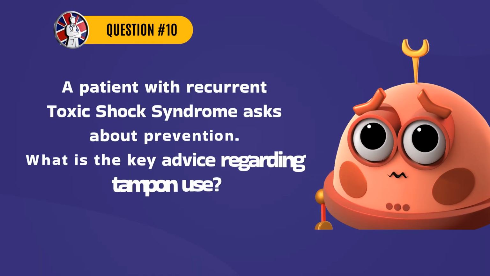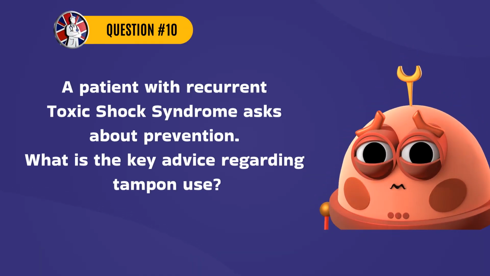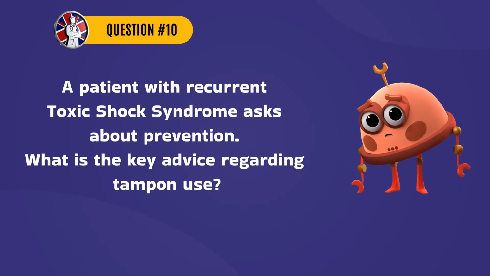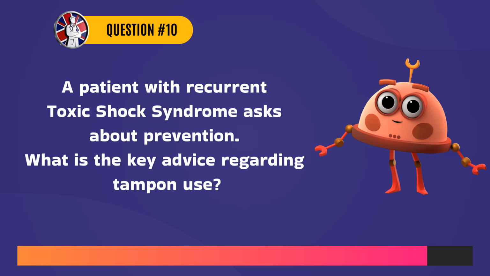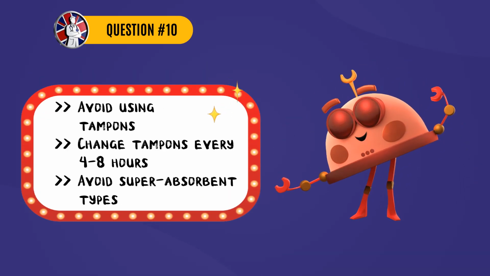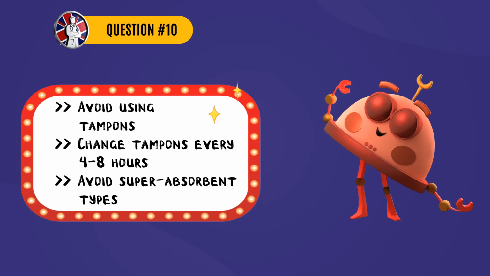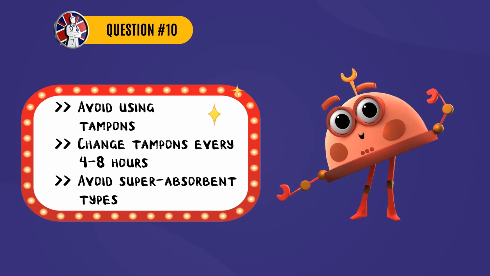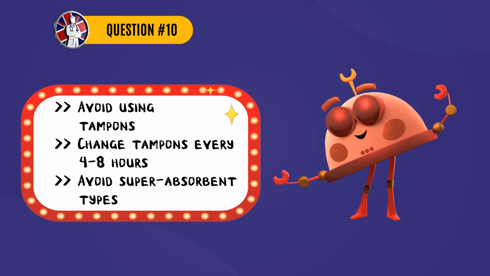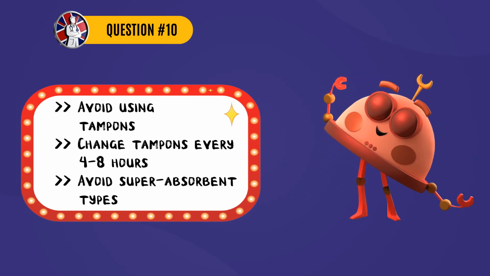A patient with recurrent toxic shock syndrome asks about prevention. What is the key advice regarding tampon use? Answer. Here are 3 recommendations for tampon use aimed at preventing toxic shock syndrome. 1. Consider avoiding the use of tampons whenever possible. 2. If tampons are used, ensure they are changed every 4 to 8 hours. 3.